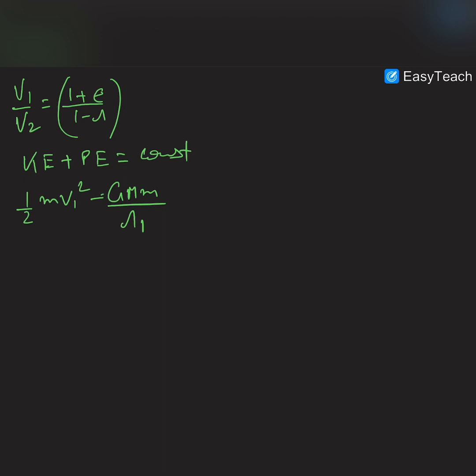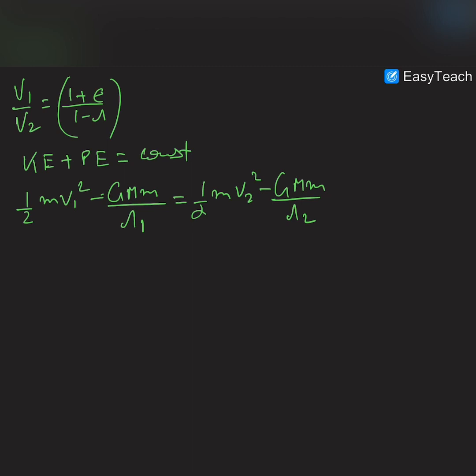This would be equal to the kinetic energy at apogee plus the potential energy at apogee, which would be GMm with a negative sign by r2.